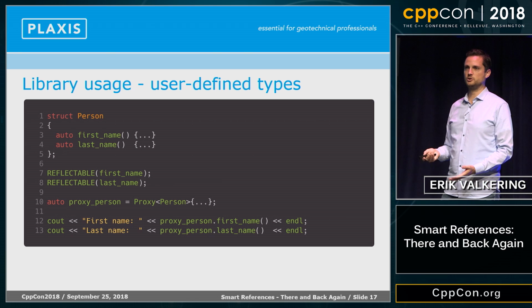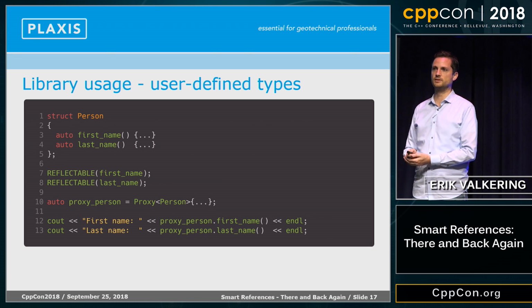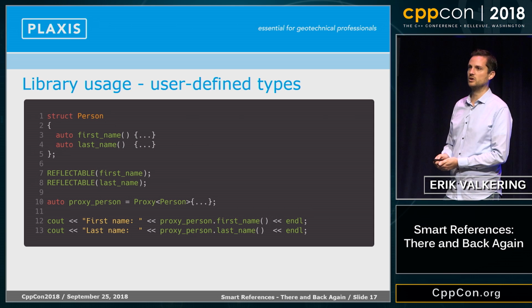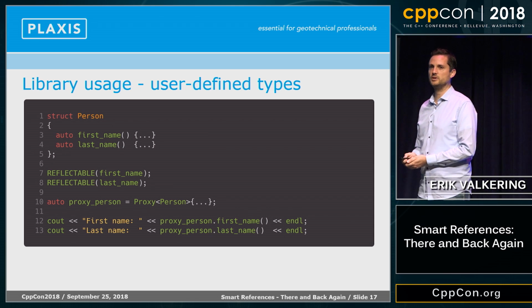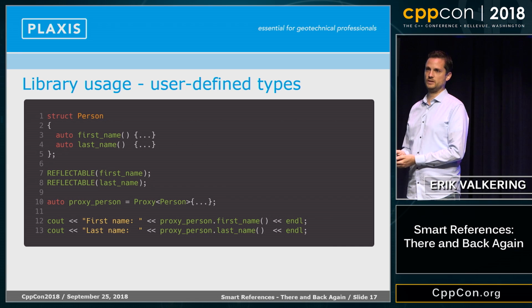Yeah, so now we support the standard library and other classes that conform to the interface of the standard library, but we also want to support our own classes. That is also supported with a little help from the user by marking those identifiers as reflectable.